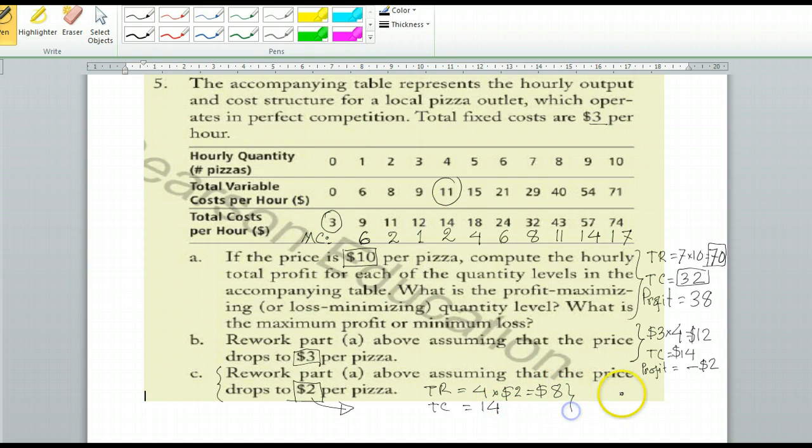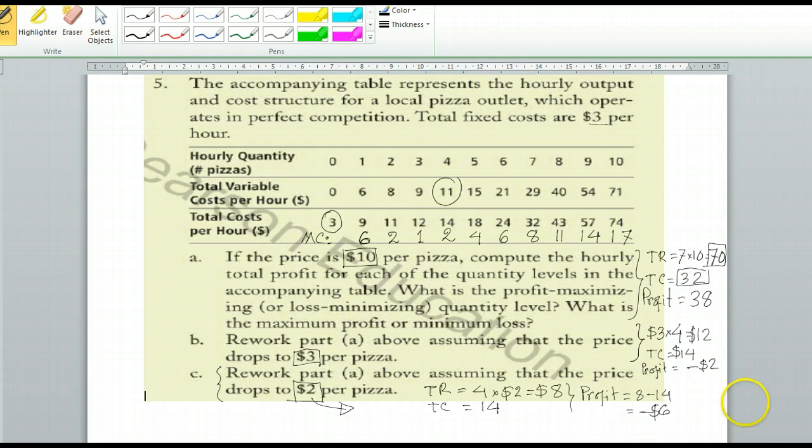So in that case, profit would have been 8 minus 14 equal to negative $6.